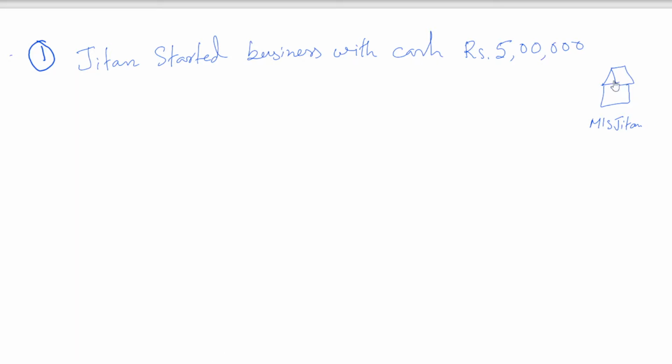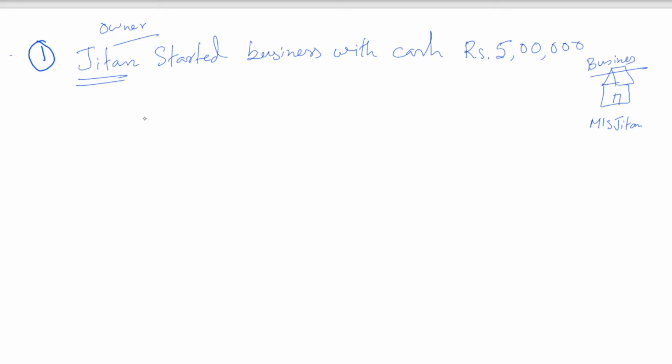I have already discussed this particular thing many times, that business and the owner are two separate things. See, this is the owner. Jiten started. He is the owner. Who is he? He is the owner, right? He is the owner, and this is the business. So both the things are different. Okay.